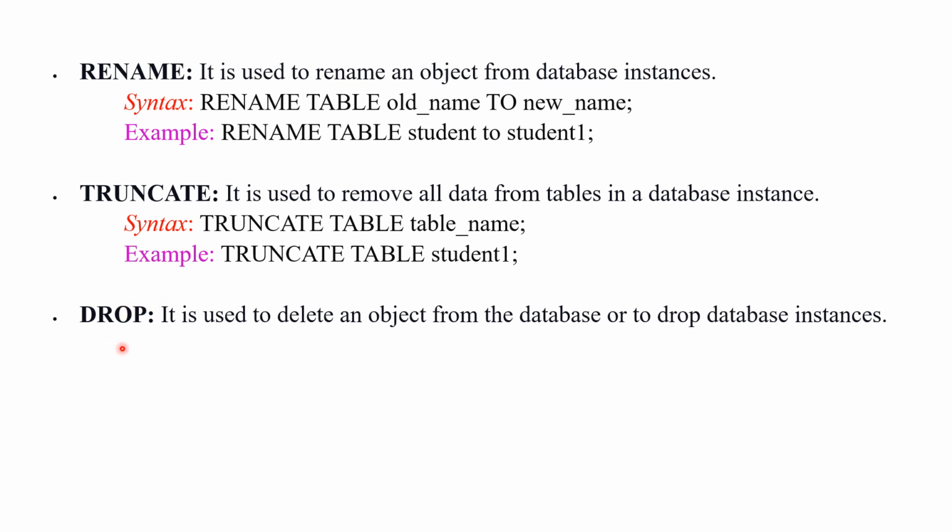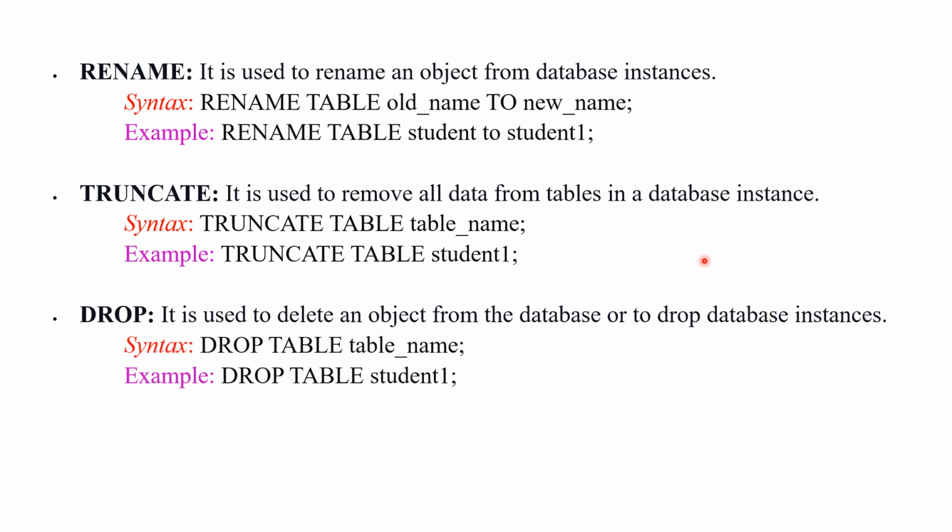The next command is drop. It is used to delete an object from the database. Here we have removed the data from the table, but the table still exists in the database. The drop command is used to delete the table itself.